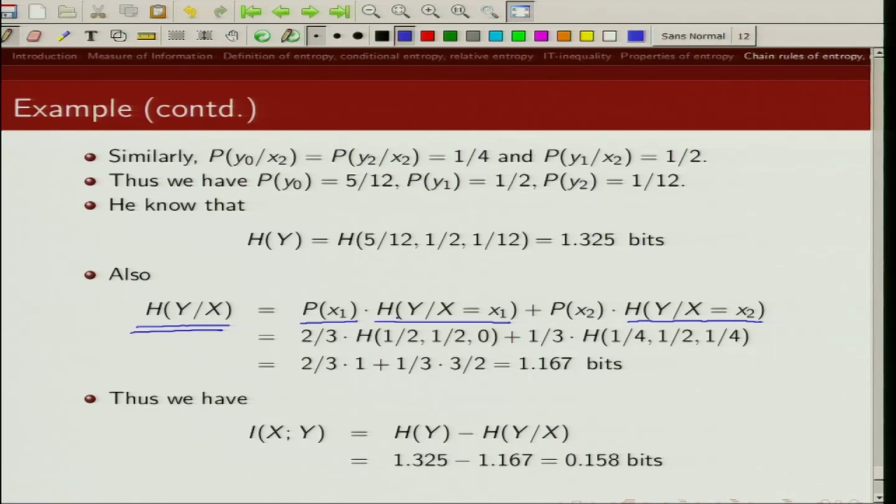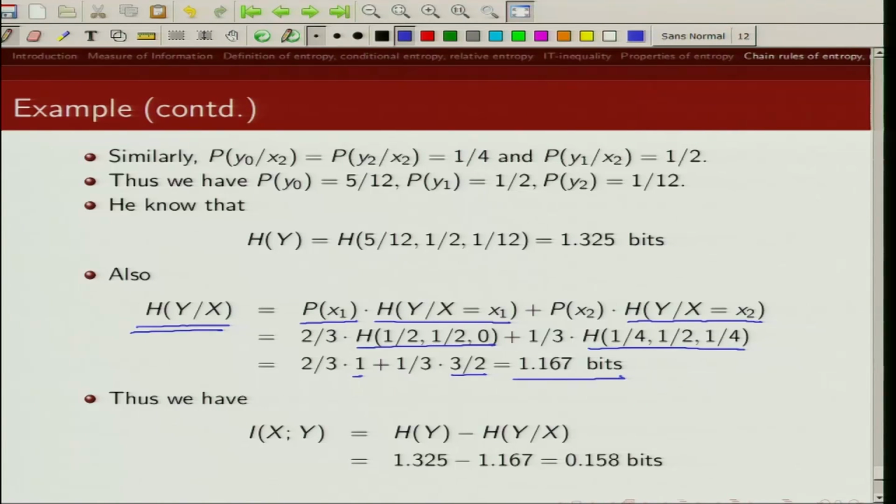In a similar fashion, the entropy of y given x1 is basically minus half log of half, and the uncertainty in y given x2 is minus 1/4 log of 1/4, plus minus half log of half, and minus 1/4 log of 1/4. This is just following the definition of entropy. If we do that, this term comes out to be 1 and this term comes out to be 3/2.